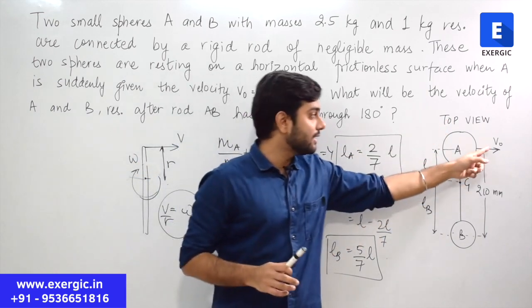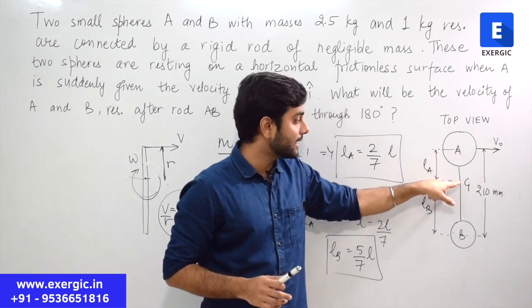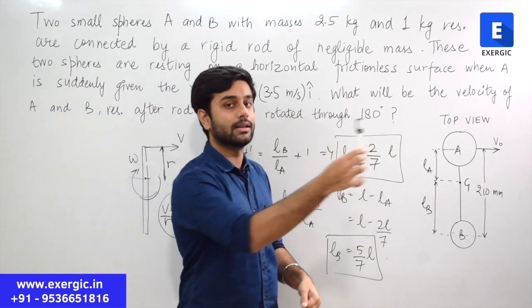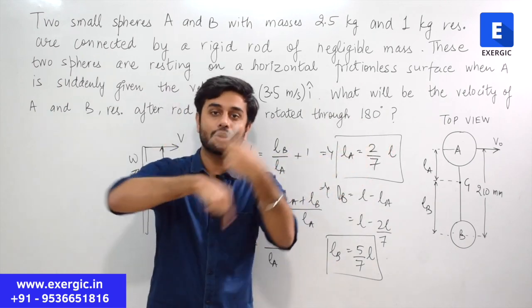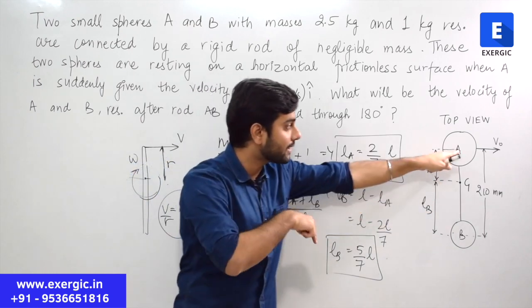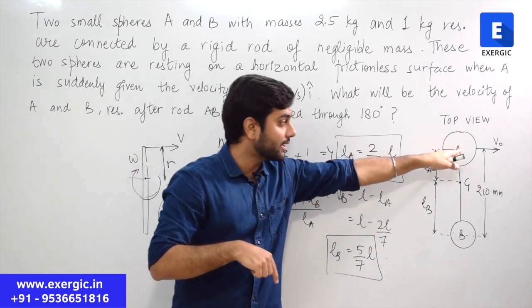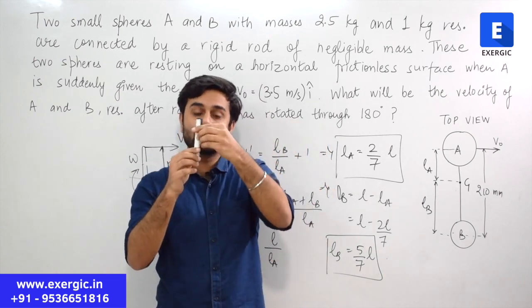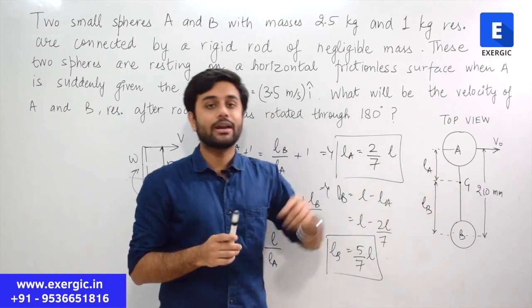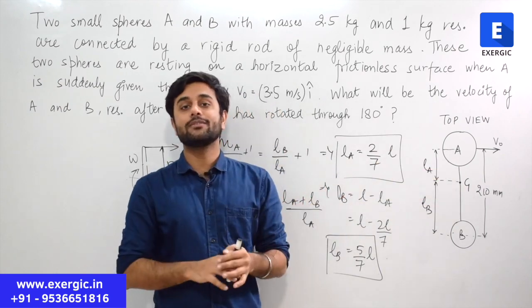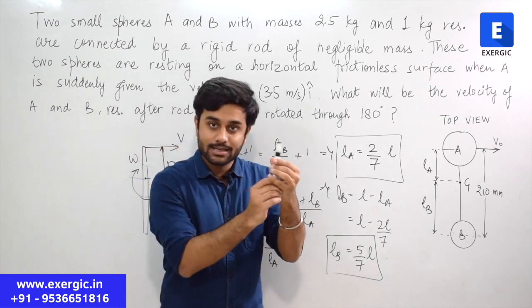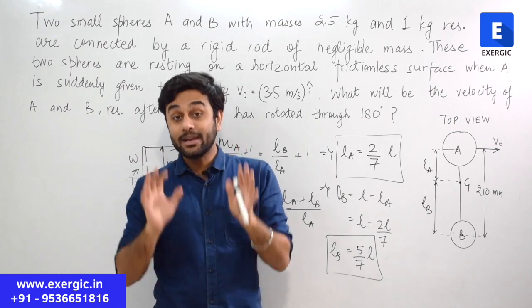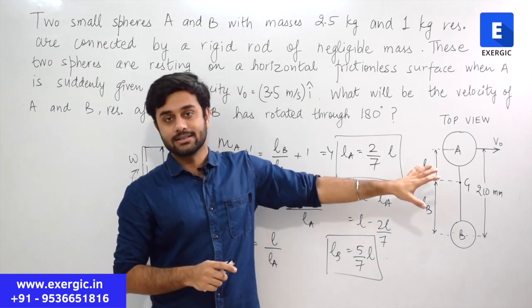Suppose the velocity v naught, instead of acting here, was acting at this point, then as a result of this velocity it will only continue to move further, because about the center of gravity you are not trying to rotate it. But when you give a velocity to this point, you are not only trying to move it forward, but also trying to rotate it about its center of gravity. So the final motion will be a combination of translation as well as rotation. This is the type of motion for this case.